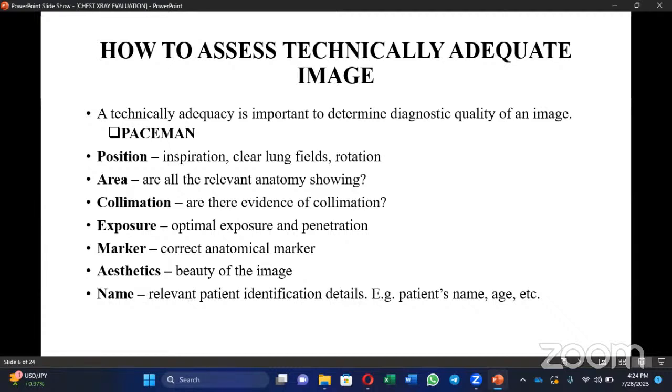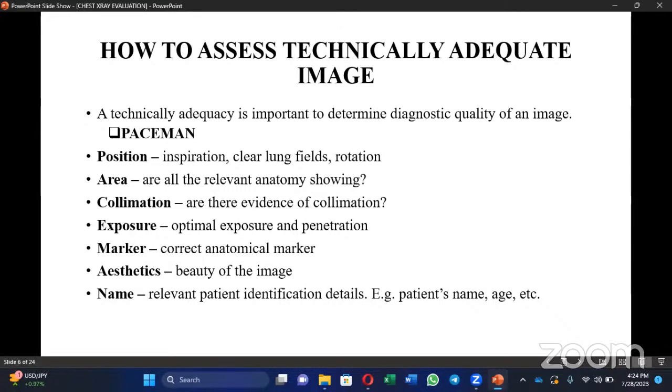The various letters within the PACEMAN all have meanings, where P stands for position, A stands for area, C stands for collimation, E stands for exposure, M stands for marker, E stands for aesthetics, and N stands for name. So with the position, there are criteria to assess the position, okay? So you look out for inspiration.